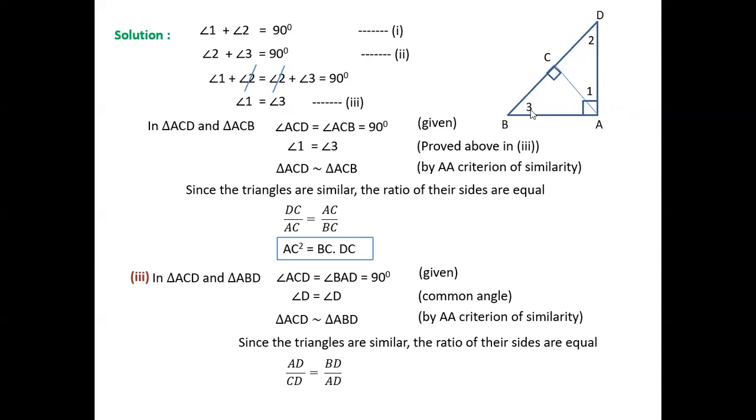So in this small triangle, it is hypotenuse upon adjacent. In the big triangle, hypotenuse is BD upon adjacent AD. So AD into AD will be AD square is equal to BD into CD. This was the third question. Clear? Three parts proved.